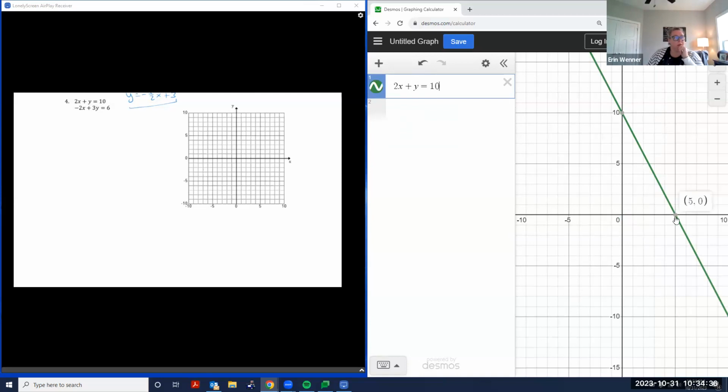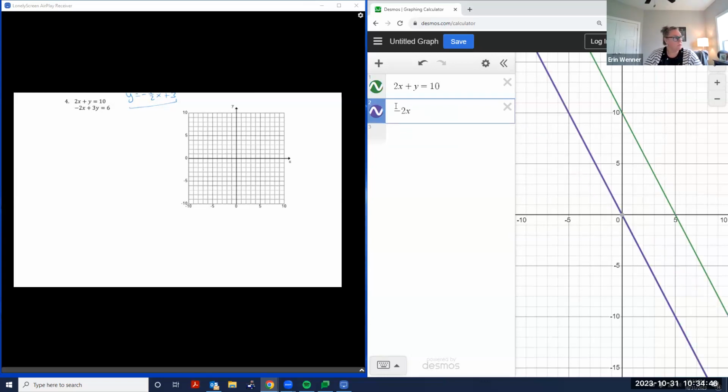Okay. What do we know about these ordered pairs? Well, these are the x and y intercepts, right? Our second equation is going to be negative 2x plus 3y equals 6. And you can again see it tells me what my two intercepts are, but then it also tells me where these two lines intersect.